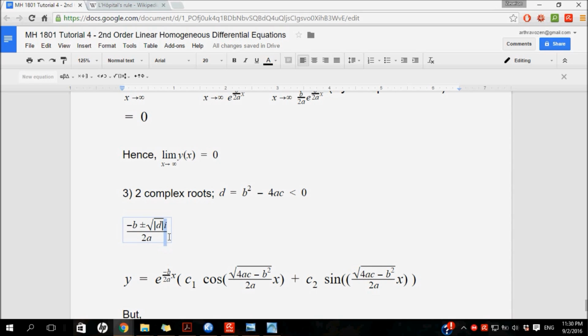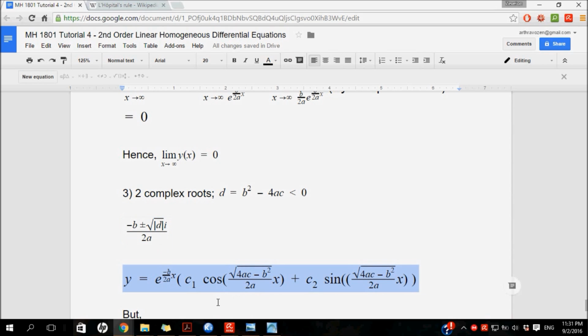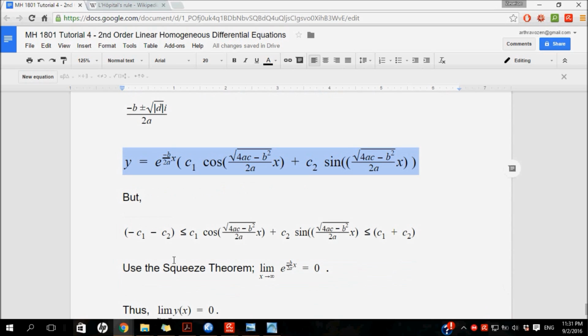Therefore, we are in case number 3 of our key theorem. So this should be the general solution. You can quickly check. E, the exponential, must involve the real part, and the imaginary part, which is this, is inside the cosine function and the sine function.